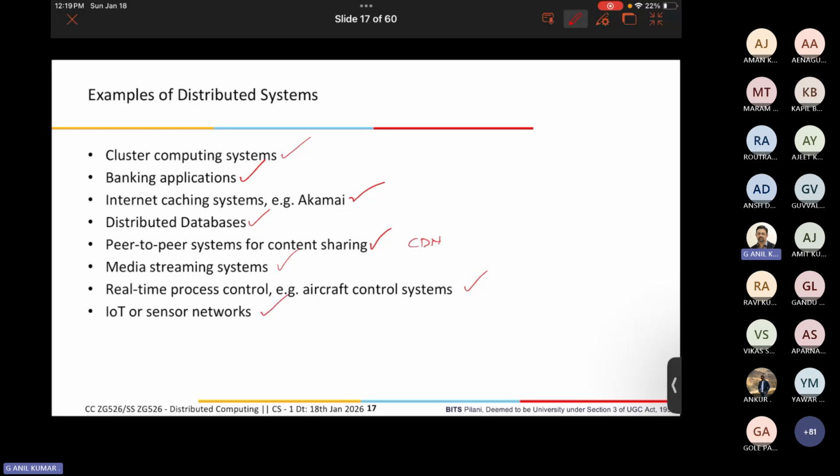IoT and sensor devices. These are all part of distributed systems. They take the core concepts of distribution to make all these things happen. Maybe you can add more examples as per your work experience. Right?